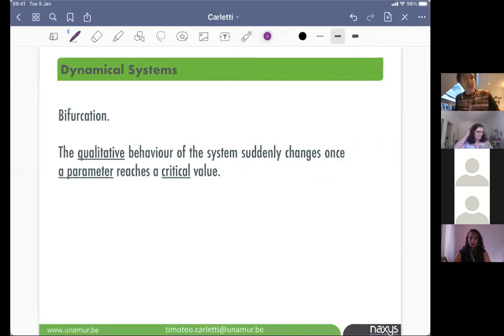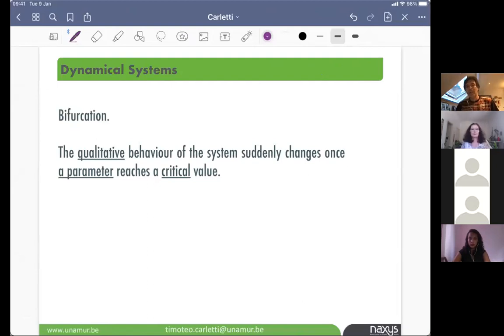Okay, so now I would like to discuss a bit this idea of bifurcation, because I think it is an idea that is very useful also in the following. A bifurcation, roughly speaking, is this: once you have a dynamical system depending on a parameter, a in our case, then if you move your parameter, at some point you can reach a critical value for which you have a qualitative change in the behavior of the system.